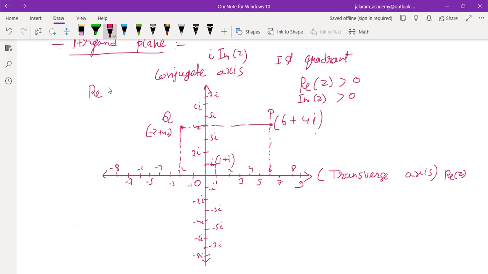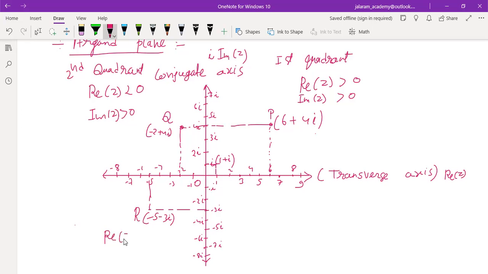Clearly, the real part of z will be negative and the imaginary part of z will be positive. So this is the second quadrant. Is that clear to you? In the third, if we mark it as R, the affix of R will be -5 -3i.